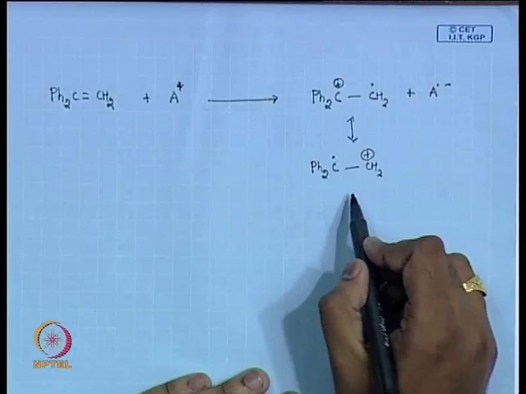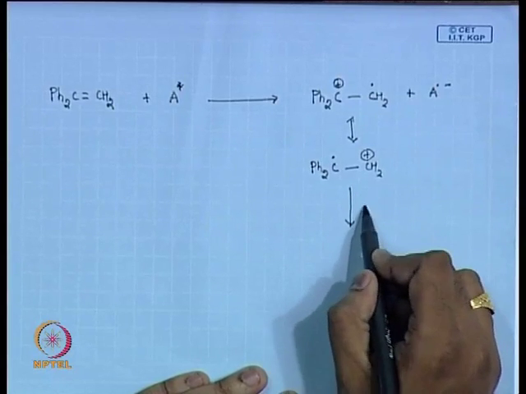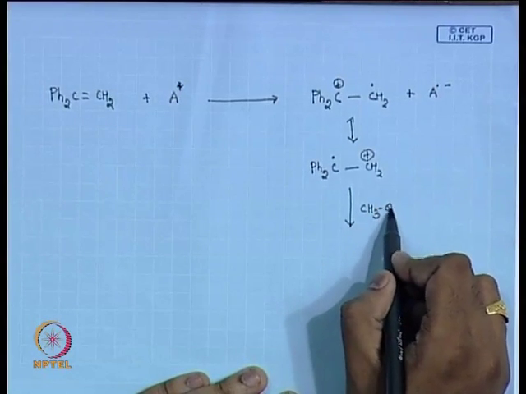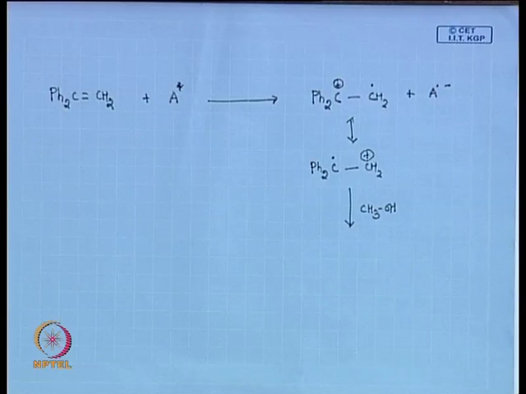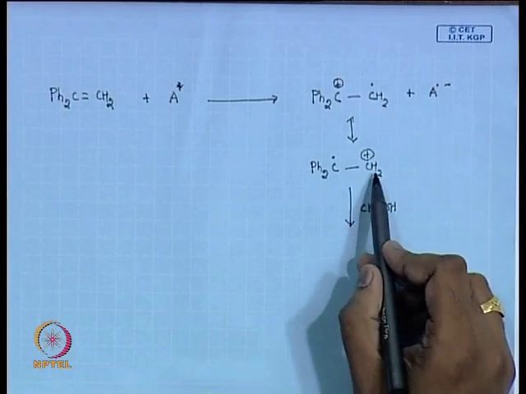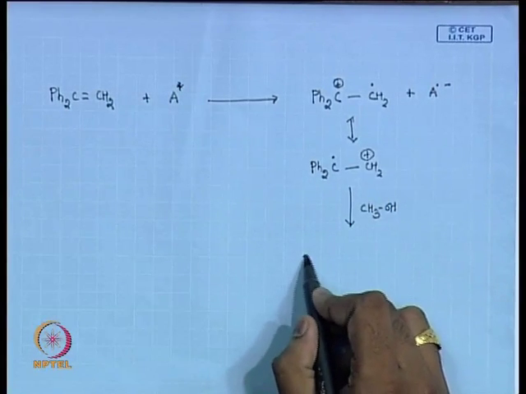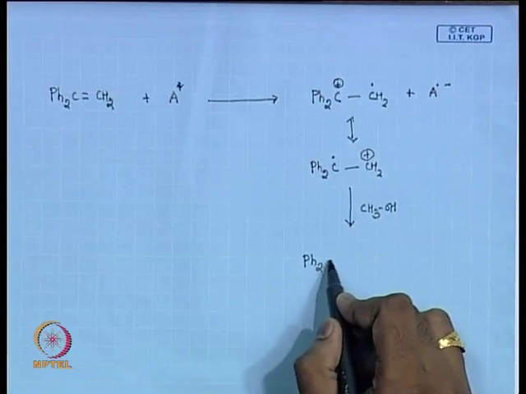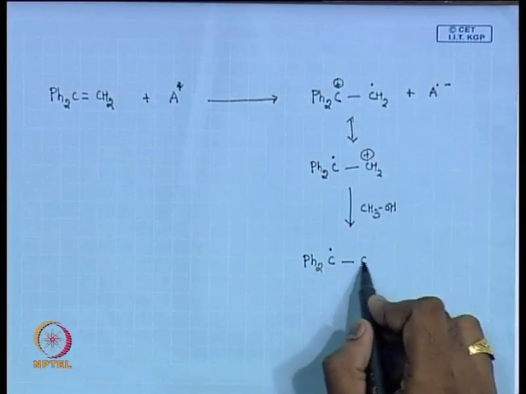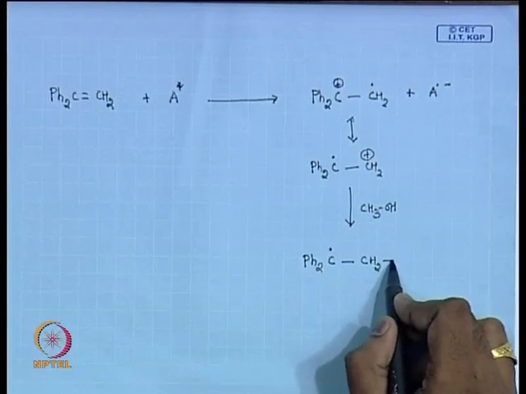Fine. Now, methanol comes into the picture. So, methanol can add to your CH2 to give me Ph2C radical, CH2OCH3.